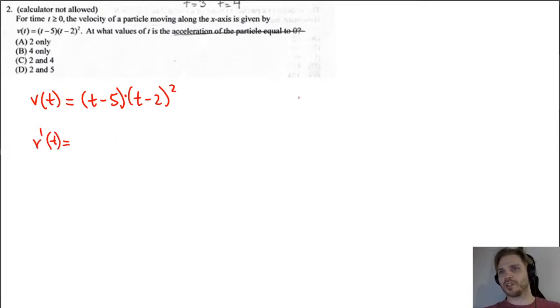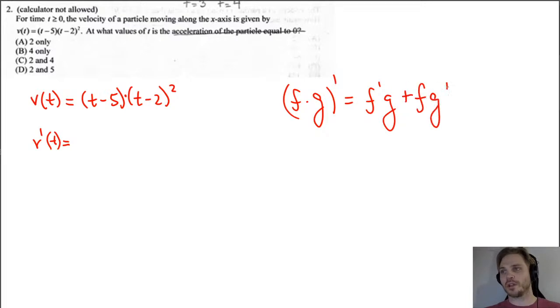So everybody remember, I don't want to use v because v is here, so it's like if you have f and g multiplied together and you take the derivative of these, it's f prime g plus f g prime.